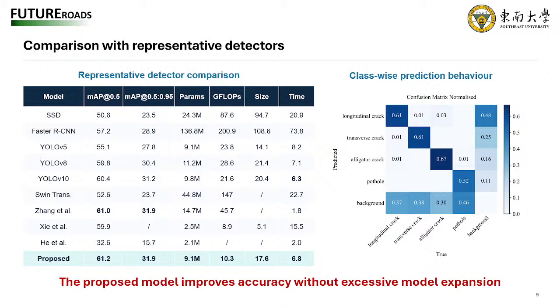Then we compared our model to other common models like Faster R-CNN, YOLOv5, v8, and v10, and the models proposed by other researchers. We can conclude that the proposed model achieved the highest accuracy, and its number of parameters is not very high compared to other models. So our proposed model can improve the accuracy without excessive model expansion.